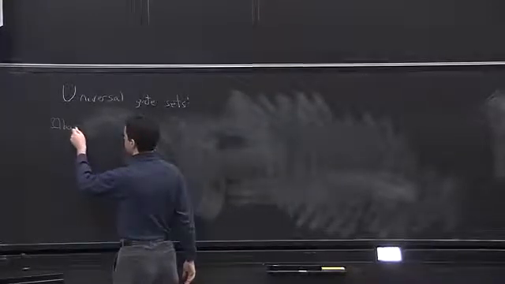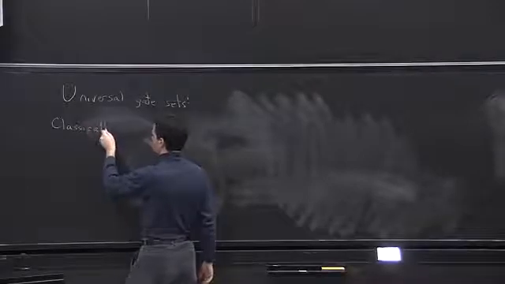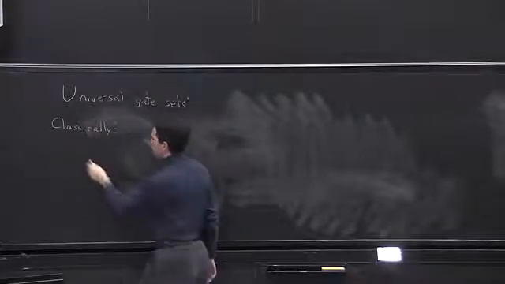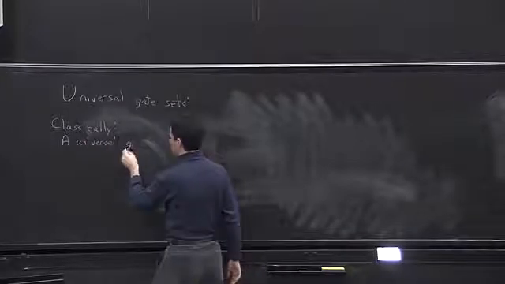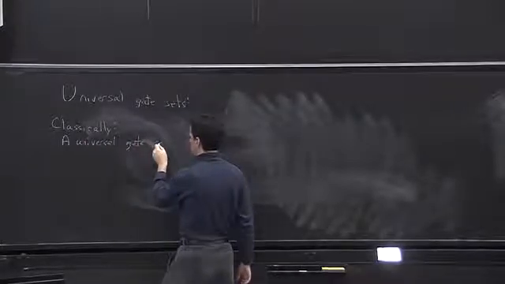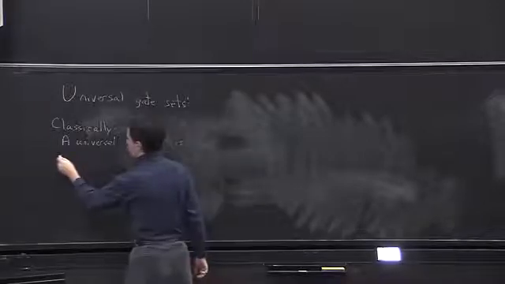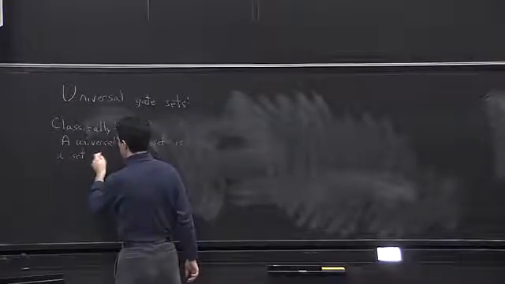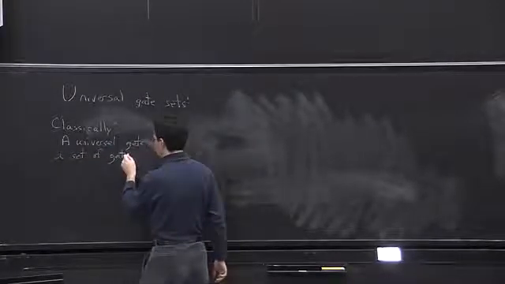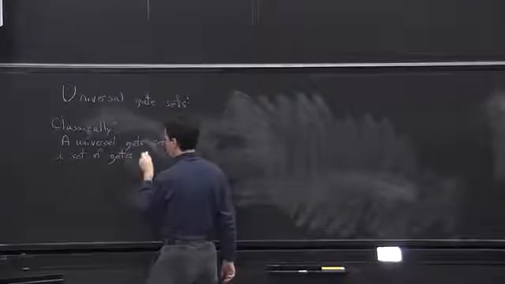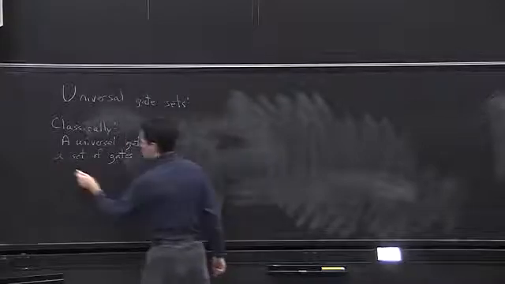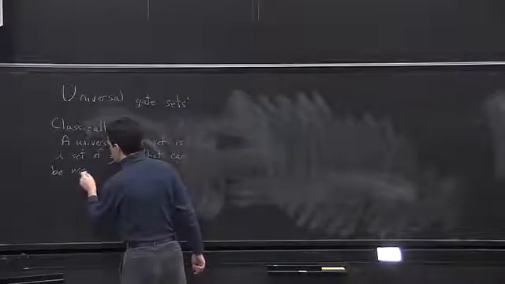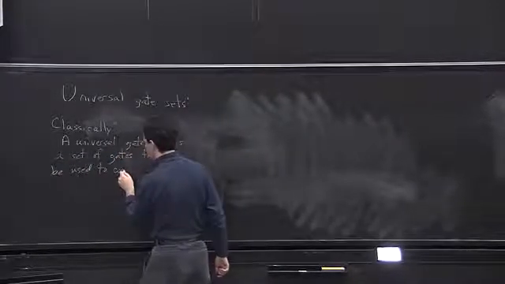So in particular for classical systems, a universal gate set is a set of gates that can be used to compute any function.